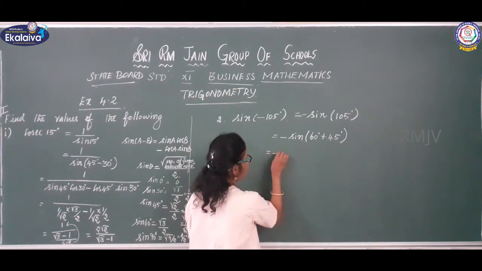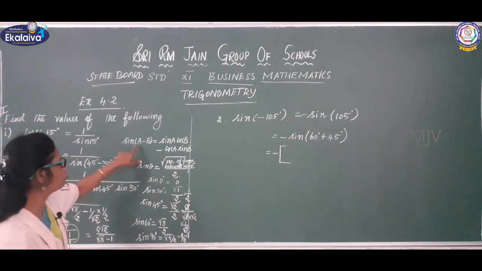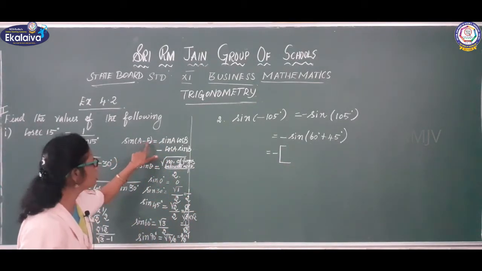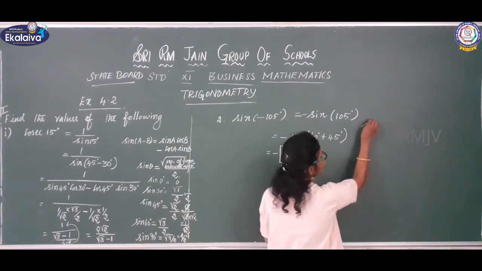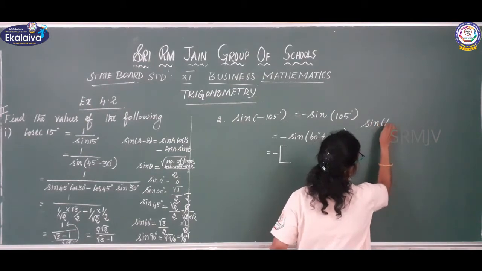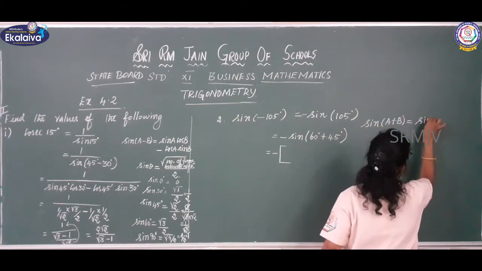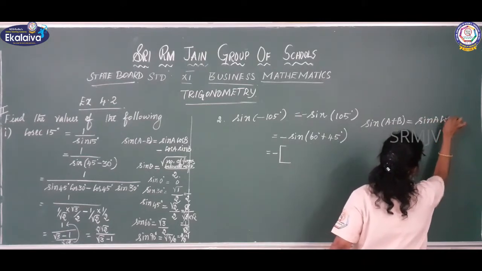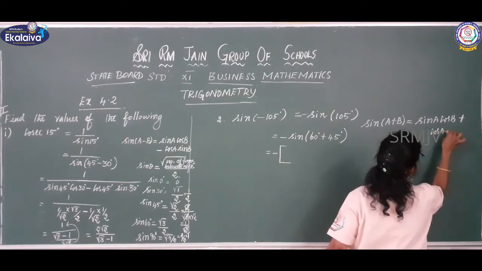Now you see minus of sin A plus B, the same formula. Here plus means plus should come here, here also plus. What formula we are using, that you should write on the right side. Sin A plus B equal to sin A cos B plus cos A sin B.